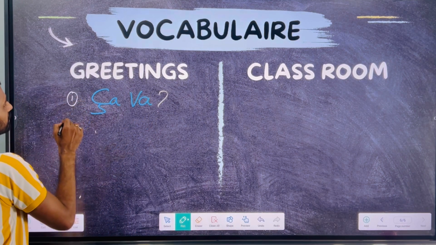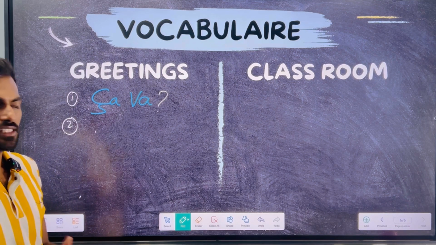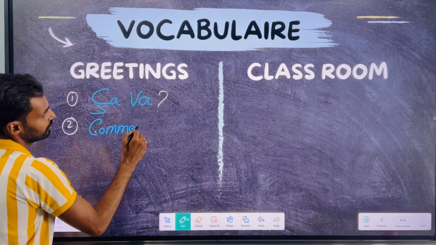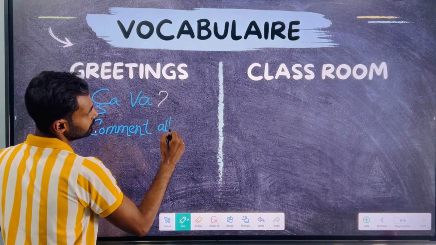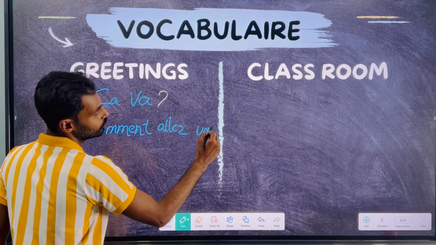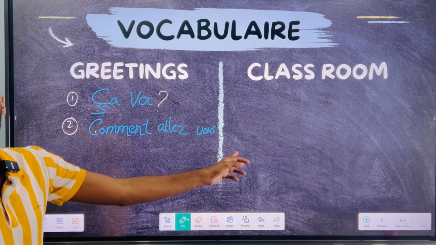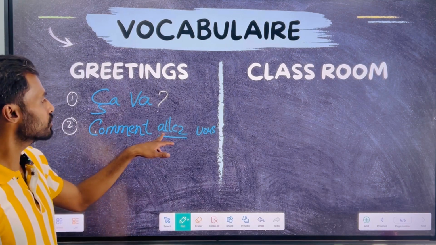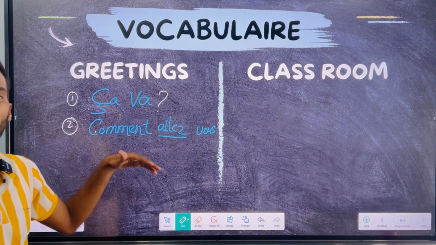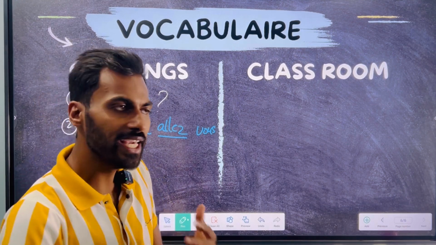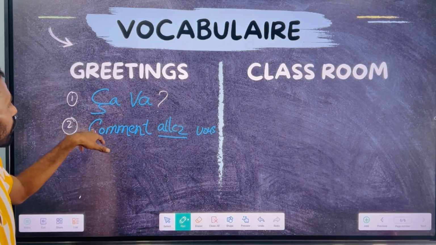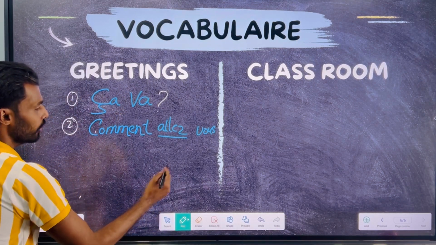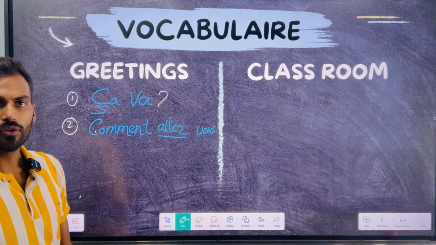So the first thing is this. Then, what else can you say? Comment allez-vous? This is how are you. This is the conjugation of the word aller, which means to go. So in French we ask how are you going, how are you doing. We have comment allez-vous, and in reply, either you are good or bad.